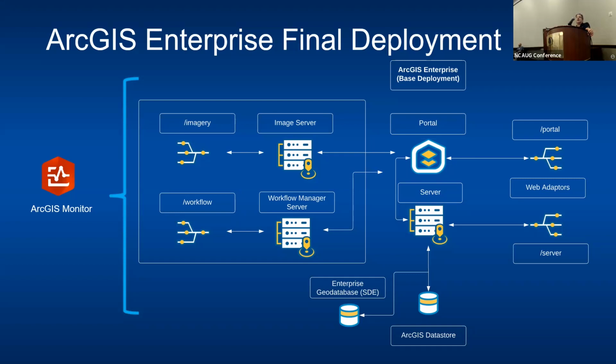basically create a hosted feature layer of your Monitor information and store it inside your Monitor database. And then once you do that, you can add that as an item to your portal and you can build dashboards off of it to check your system health.